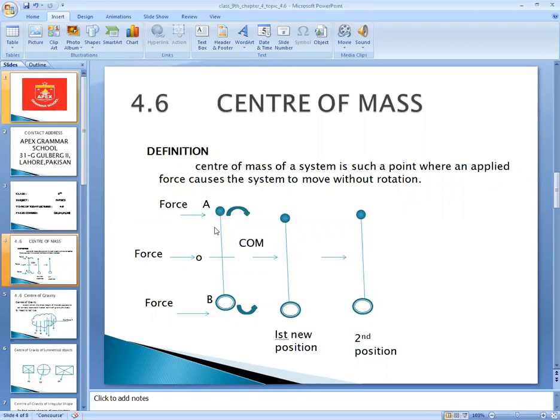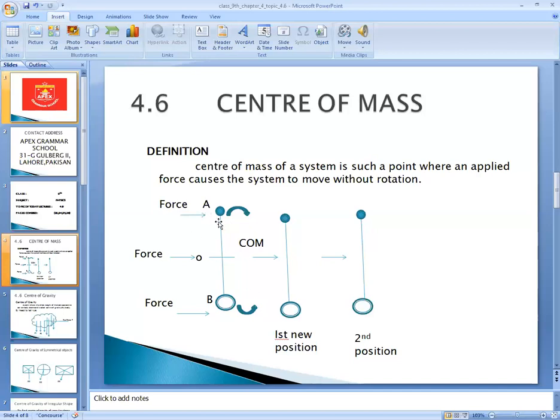So I have two masses, small mass and big mass. If I apply the force at A with my hand, what will happen? The body will rotate clockwise. But if I apply the force at point B, the body will rotate anti-clockwise.